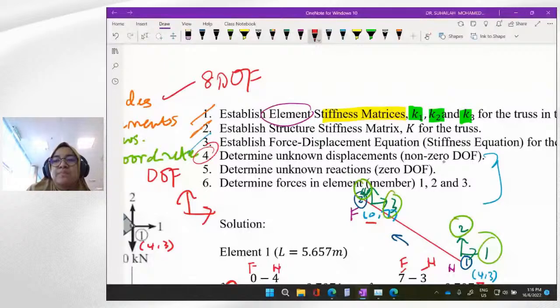Step 4 can be used to determine number 5, and 4 can be used to determine number 6. Okay, and the discussion about how to solve unknown displacement and how to determine member forces, I will discuss in the next video.